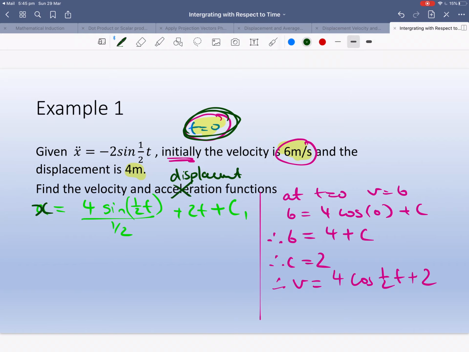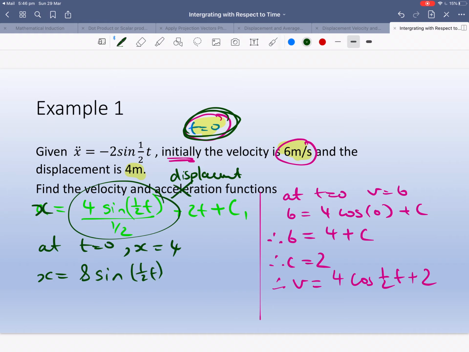So at t equals 0, x equals 4. Now x equals, if I just fix this up, it's going to be 8 sine half t minus 2t plus c1.